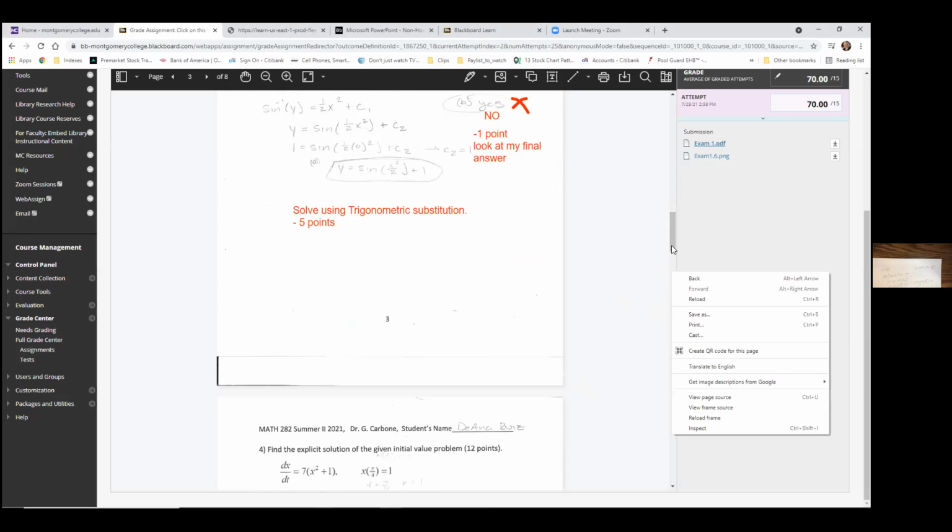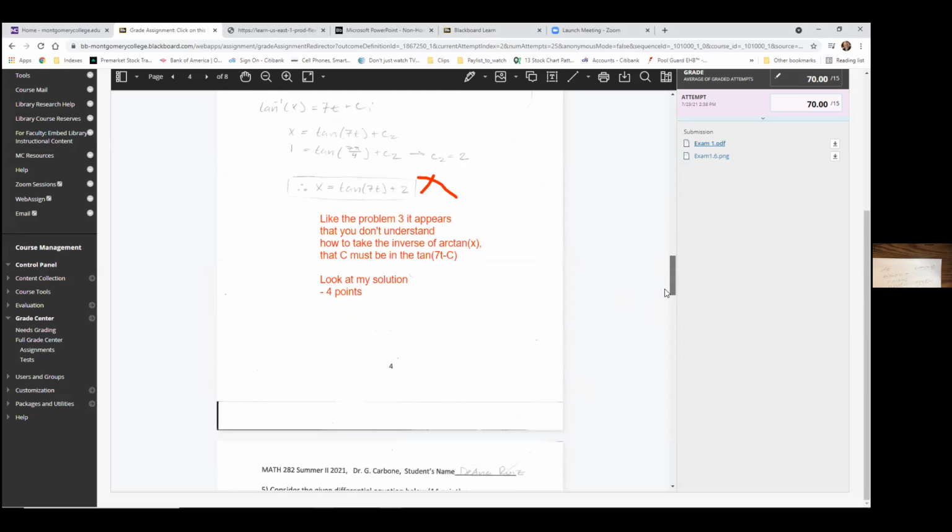We're looking at yours now, right? Compare your answers with mine. So I think where I tripped up is I just didn't put the c in the trig function.